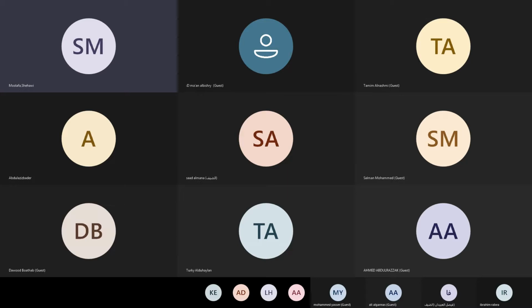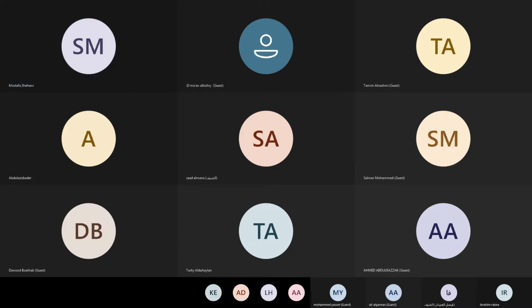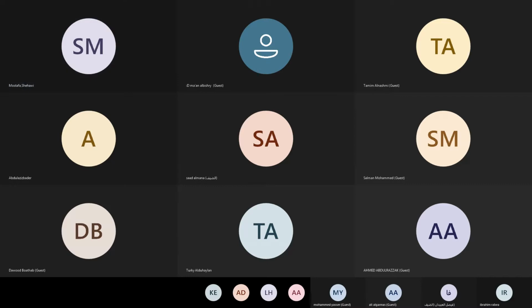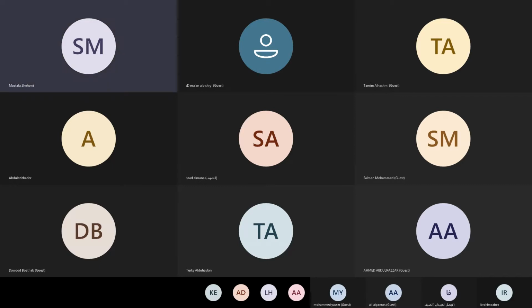Bravo. The hypothalamus. The other question says: why is the hypothalamus considered a link between the nervous system and the endocrine system?